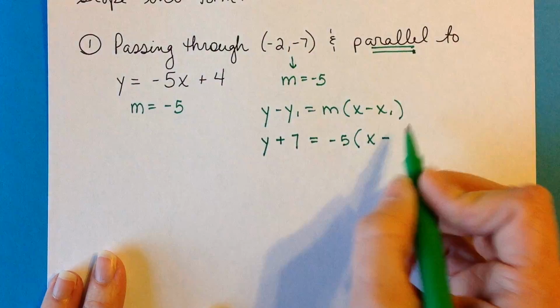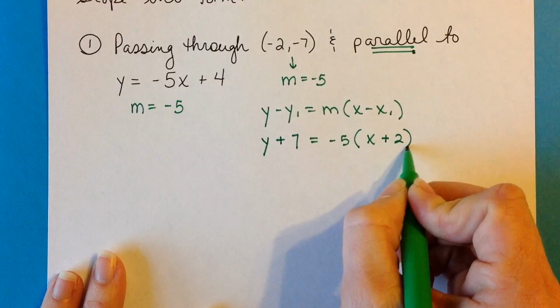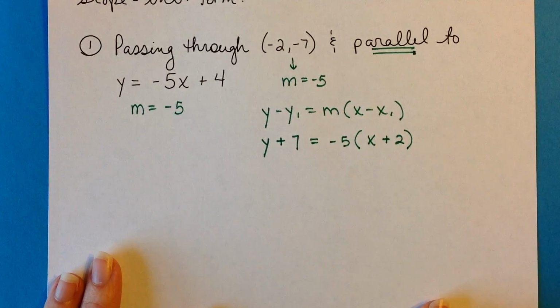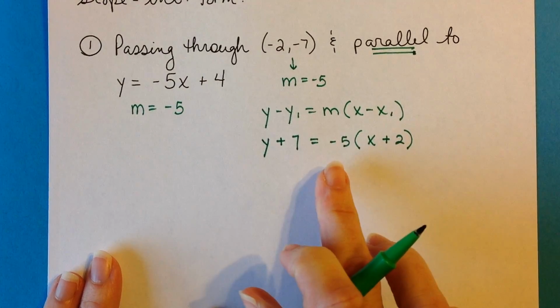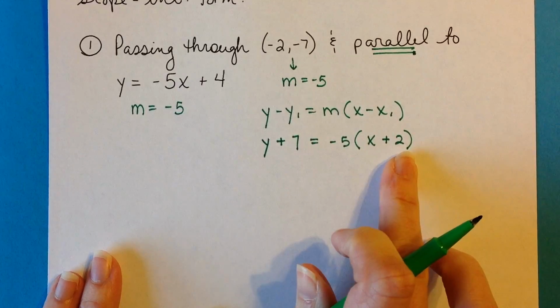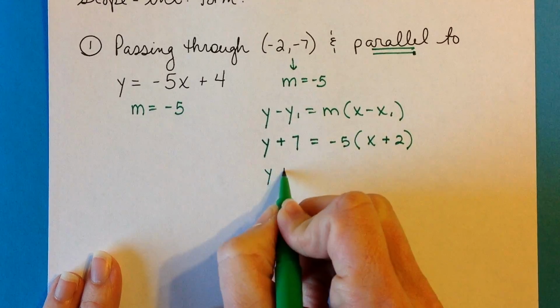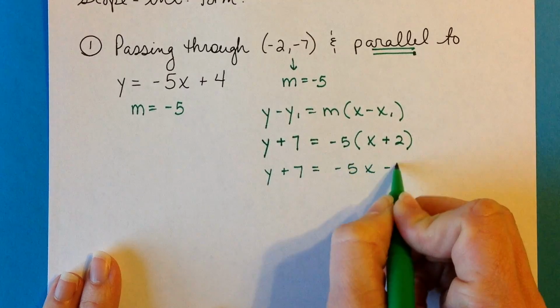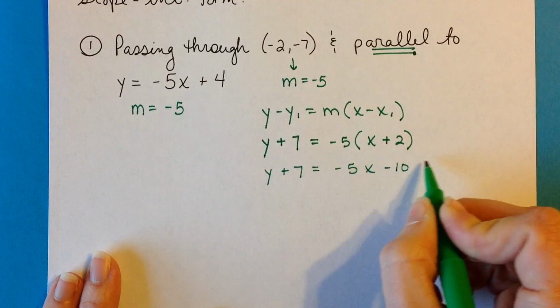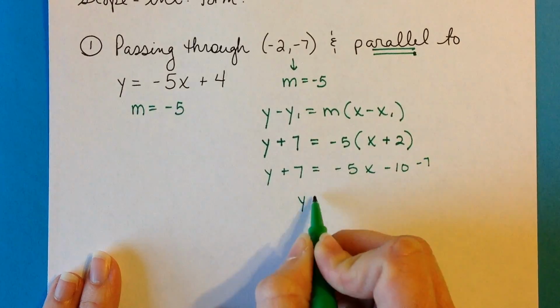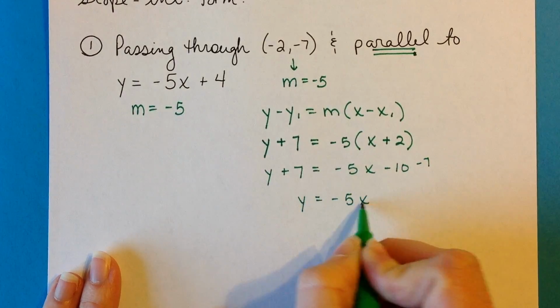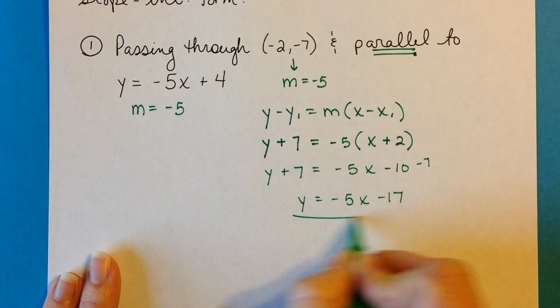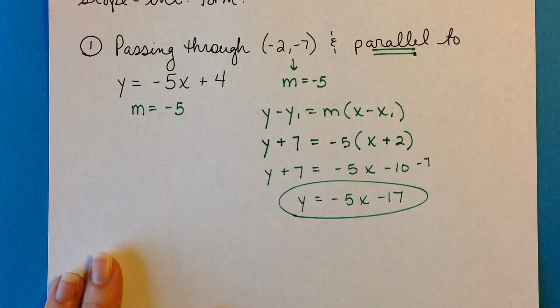Again, since this is negative, I'm going to change that to a plus. Then I need to put it in slope-intercept form, so I need to distribute my -5, and then subtract my 7. So that's the equation of my line.